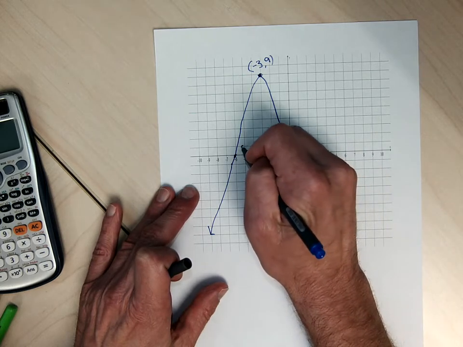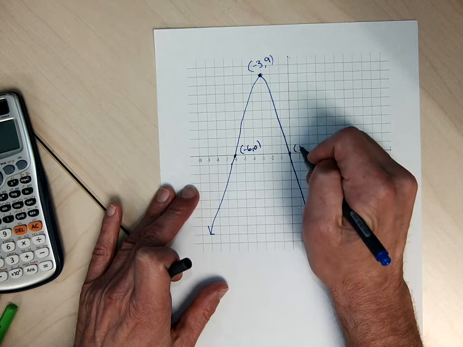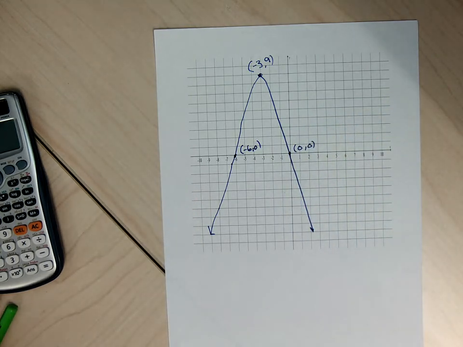So I have the point (-6, 0) for one of my x-intercepts, and (0, 0) for another one of my x-intercepts. I want to describe the 3 regions of the graph.